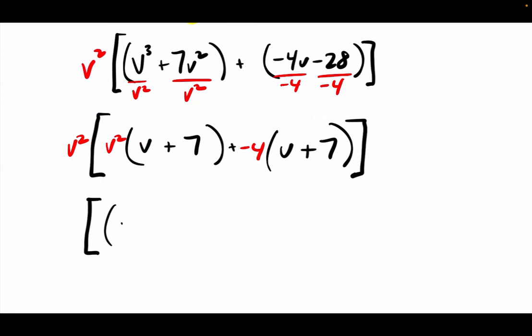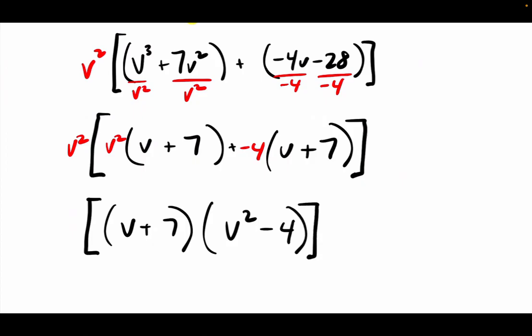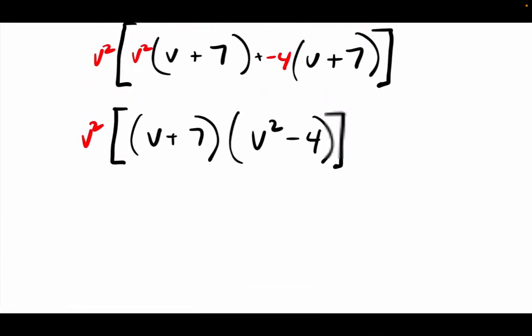What do they have in common? V plus 7. What are the leftovers? V squared minus 4. Are any of those difference of squares? Yeah, that guy's difference of squares. Half the power, 1 plus, 1 minus. 4 is on my list of perfect squares: 2 and 2, because the square root of 4 is 2.